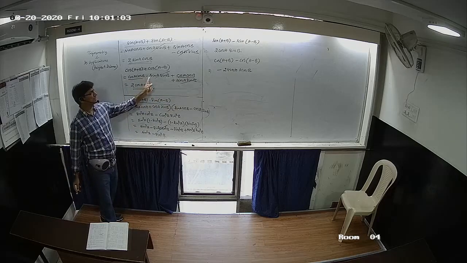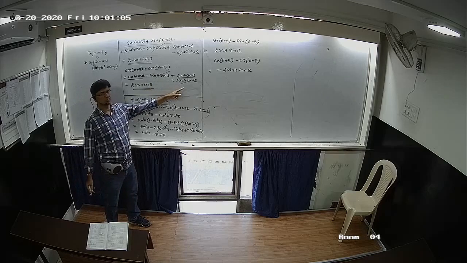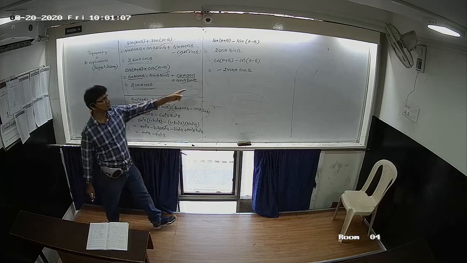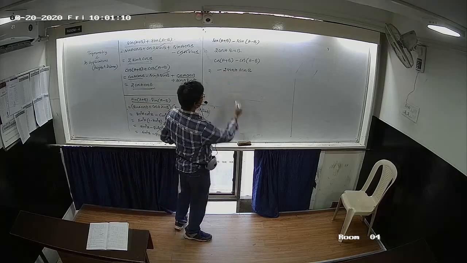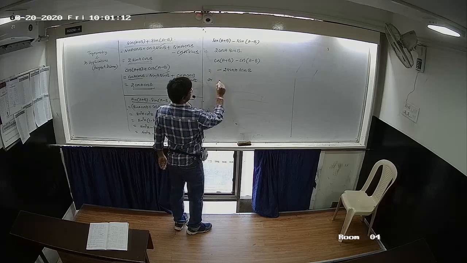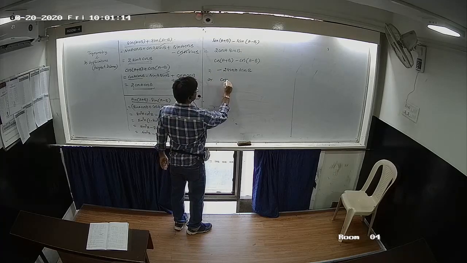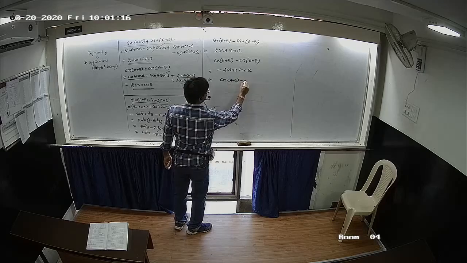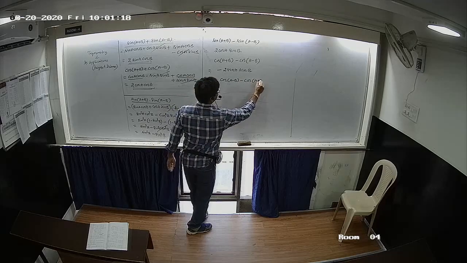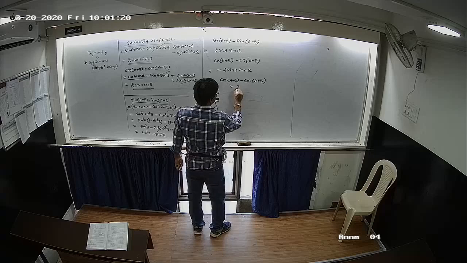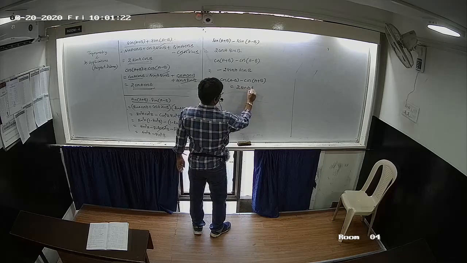Then you are left with minus sin A sin B minus sin A sin B, that is minus 2 sin A sin B. Or you can write this as cos(A minus B) minus cos(A plus B) is equal to 2 sin A sin B.